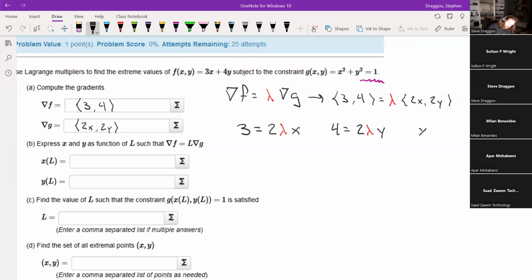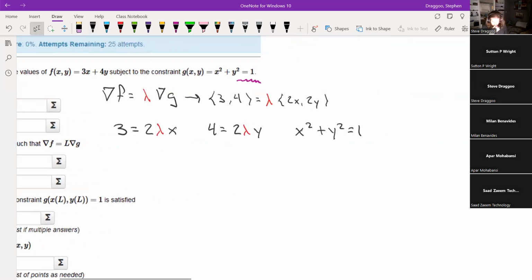And finally, my boundary equation comes back, x squared plus y squared equals 1. I need to solve this system of 3 equations for my 3 variables. So I should probably get something like x equals 3 over 2 lambda.